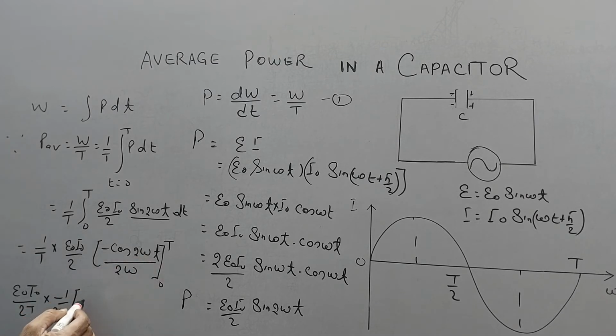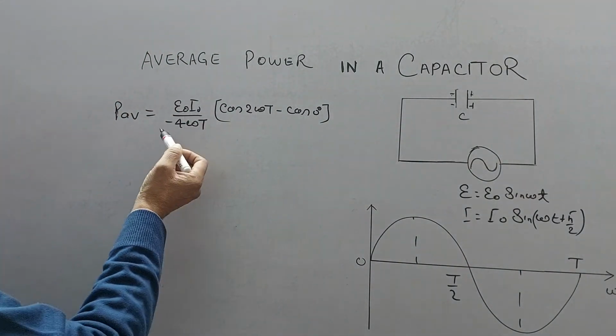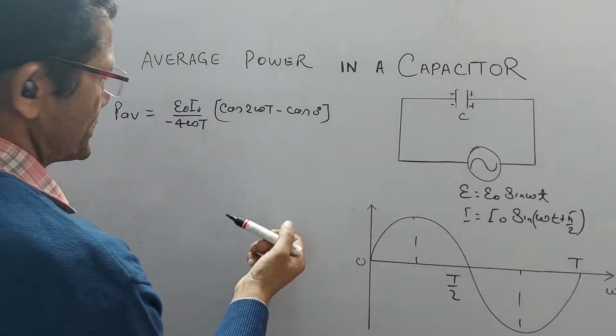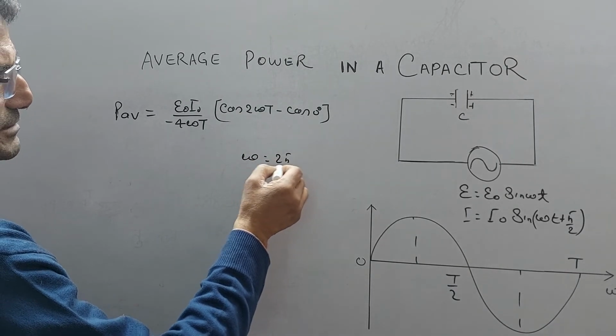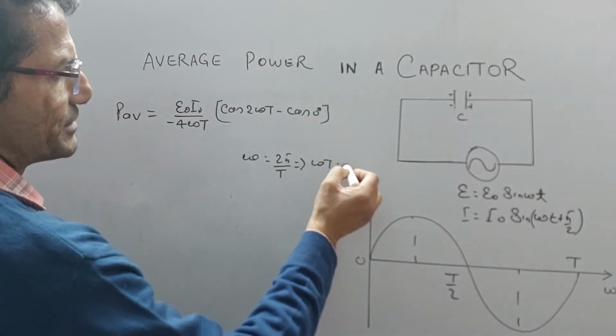Inside it has the value cos 2 omega t minus cos 0. Now average power comes out minus E naught I naught divided by 4 omega, inside of this cos 2 omega t minus cos 0 degree. We already know that omega is equal to 2 pi divided by T. From here omega times T becomes 2 pi.